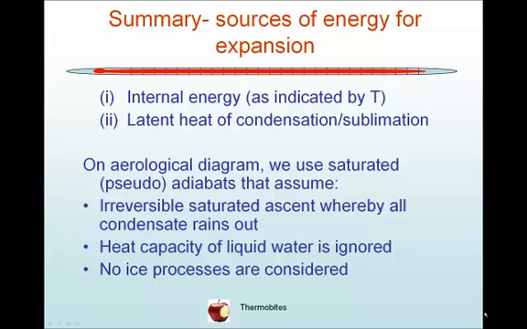But now there's latent heat of condensation and sublimation. So there's changes of phase. On the aerological diagram, we will use saturated pseudo-adiabats that assume that it's irreversible saturated ascent, whereby all the condensate rains out. So we don't have to worry about the heat capacity of liquid water, and there are no ice processes involved at all. So there's no hail jump.